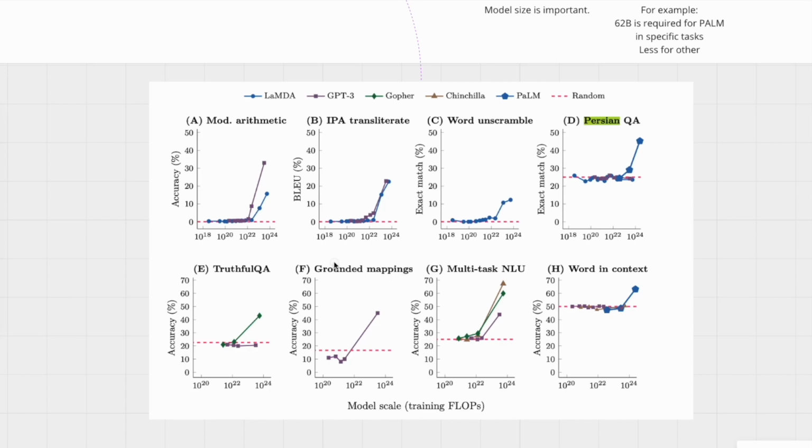And if you zoom in on the figures, you will see that after a certain level, for example for this level here, the performance of the models increased dramatically. For this task, we have GPT-3 and LaMDA, and both of them after this level increase their performance, their accuracy for the arithmetic task. As you see, scale and size are very important.